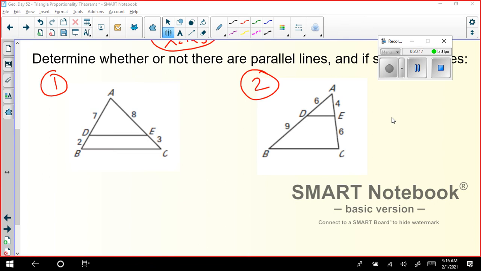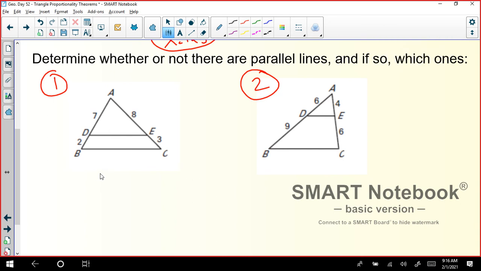As you all said, absolutely. For line DE and BC to be parallel, this should be true. Based on the converse, these proportions should be equal. AD over DB should be equal to AE over EC. So substitute and see if that is true. 7 over 2 equals 8 over 3. Is it true?